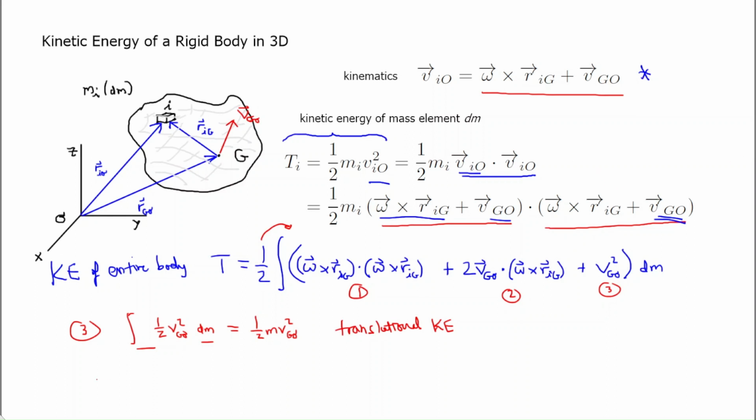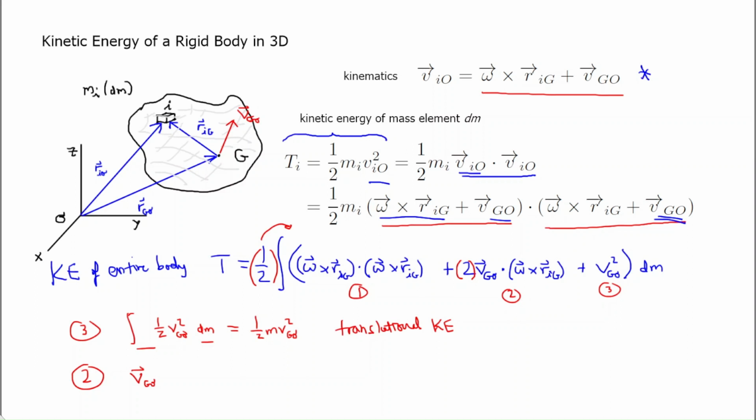Next, let's take a look at the second term here. Let me go ahead and bring the constant things outside of the integration. Here I have a 1/2, which is going to cancel with that 2, so that's gone. The v sub go is constant with respect to the integration over m.